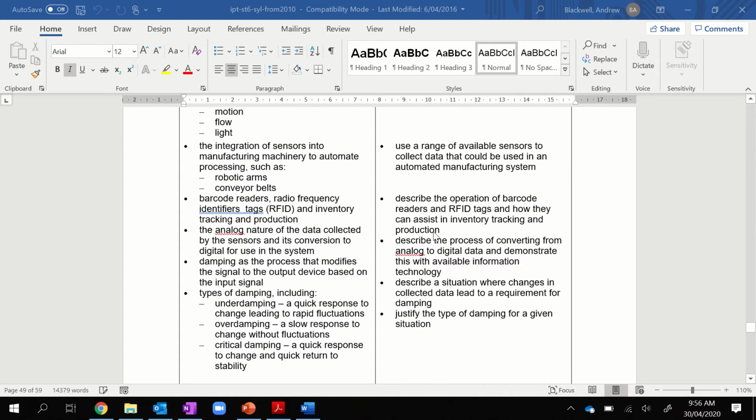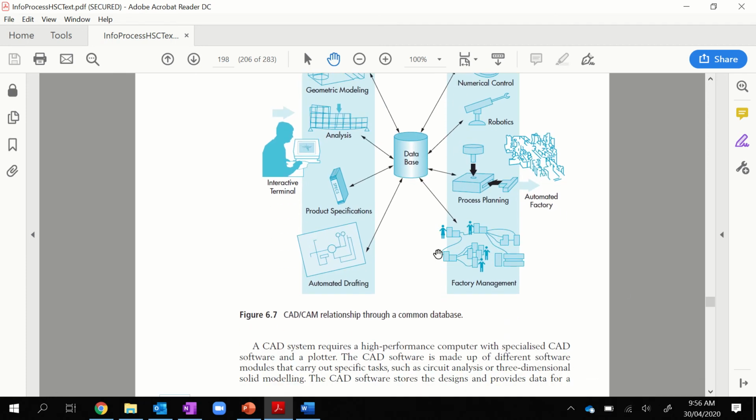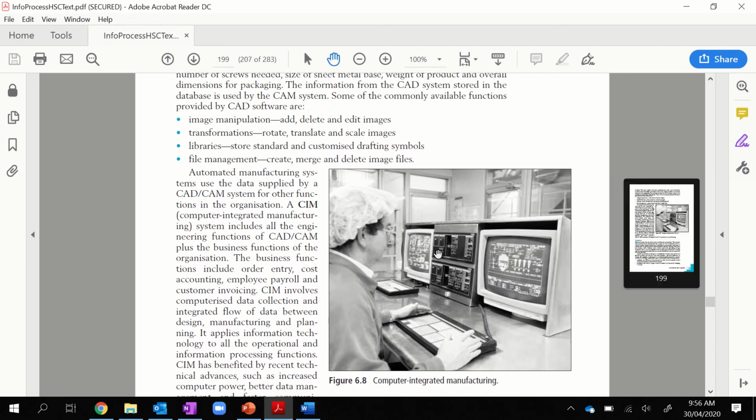We're talking not only about learning about the different things, but also how, once we've learned about the sensors, what do we do with them? And it talks about the integration of the sensors using robotic arms and conveyor belts. Then it says you have to know how to use a range of available sensors to collect data that could be used in an automated manufacturing system. So the textbook talks about how that's done, and I'm going to explain that today in this video.